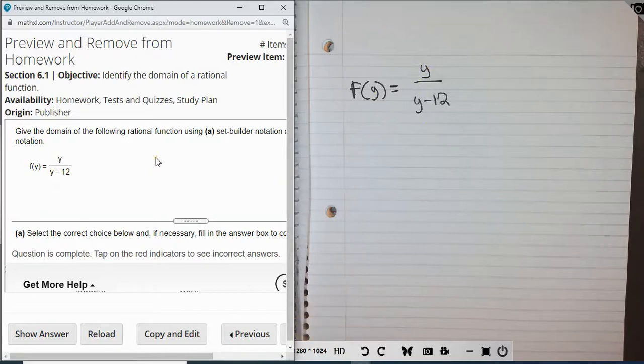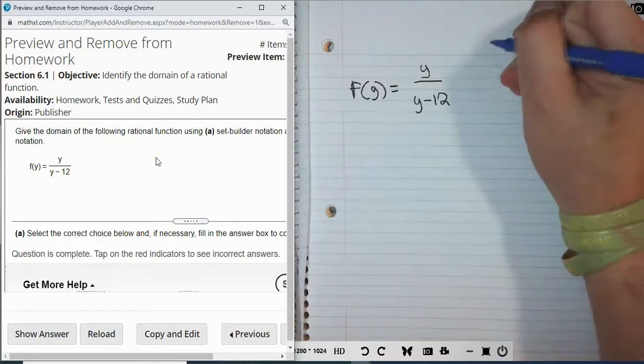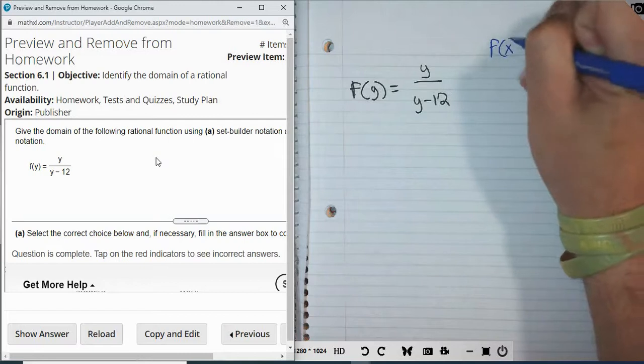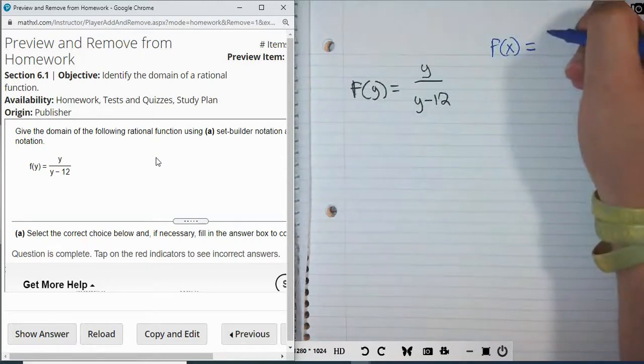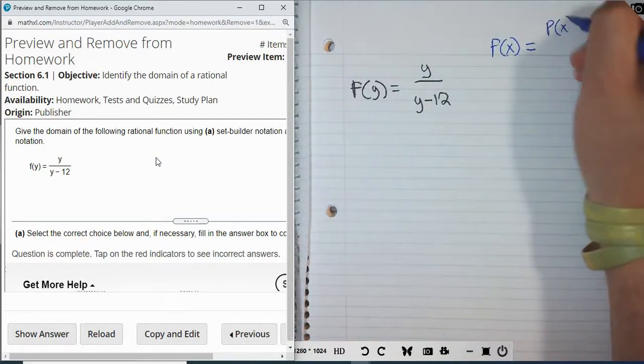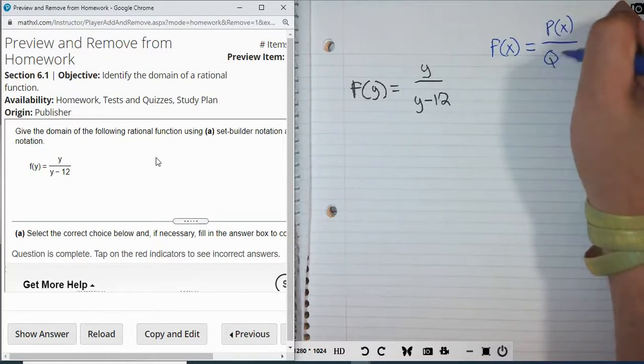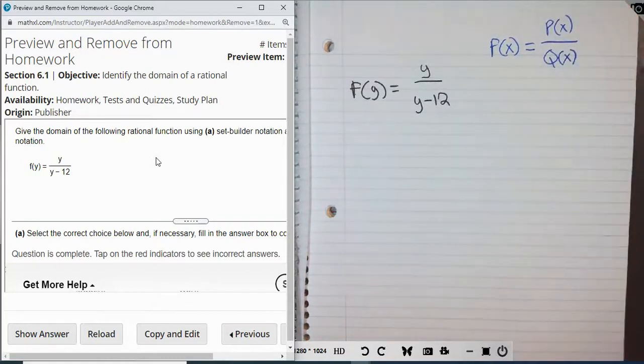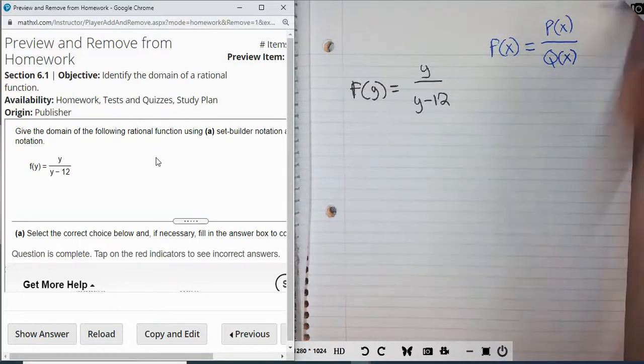Right? Drawing back on some of the things we talked about in that section. One was the basic definition of a rational function, which was p of x over q of x. Right? So we'll have a function in the numerator, and then we'll have a function in the denominator of the rational expression or rational function.